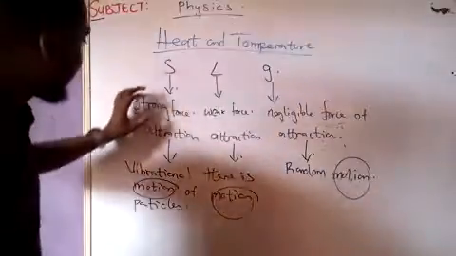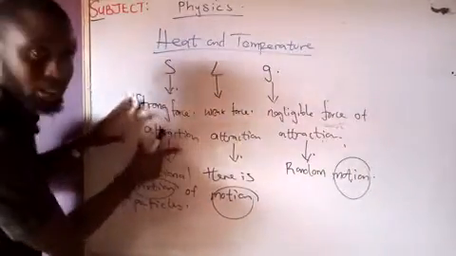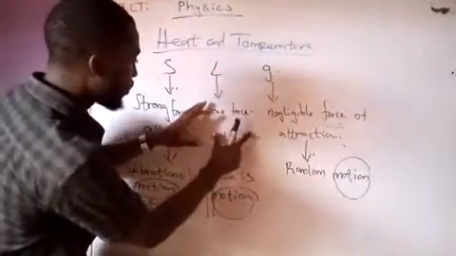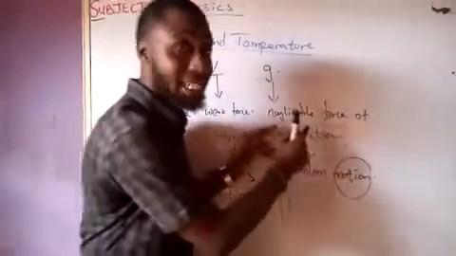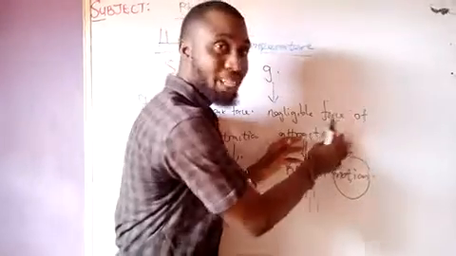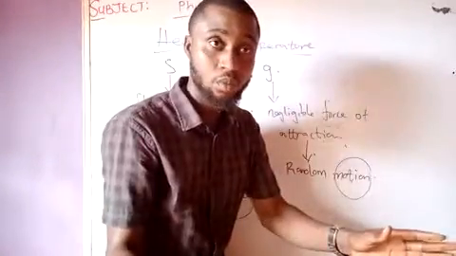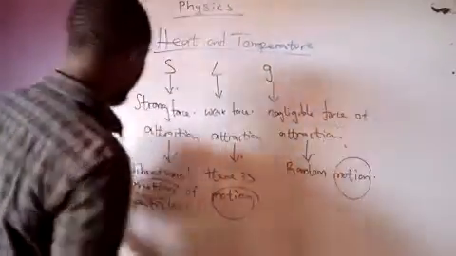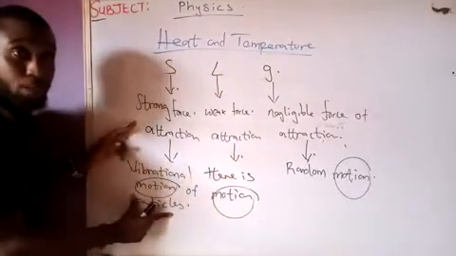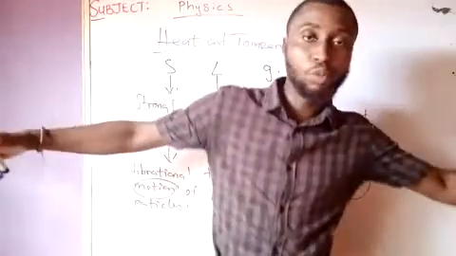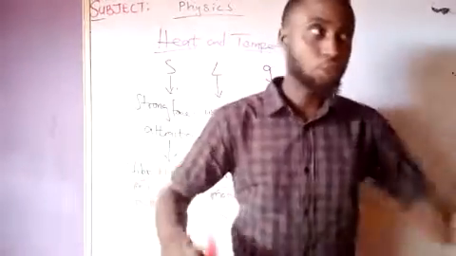So solid, there is a strong force of attraction within the particles. Liquid, there's a weak force of attraction between the particles. Gas, the force of attraction between the particles is what? Negligible. So, because there's a strong force of attraction for solid, they exhibit vibrational motion, meaning they are not free to move about, they only vibrate in a fixed position.